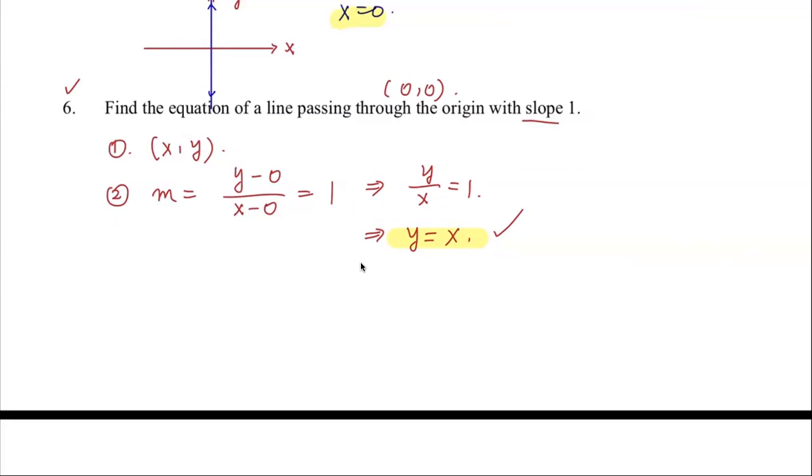A lot of teachers, including university professors, really like to use y is equal to x to explain a lot of properties of linear relations, because this is just too easy. It's just too simple. And yet it has all the properties of linear relations. Okay, so remember this. This is quite important. So that's question number 6.